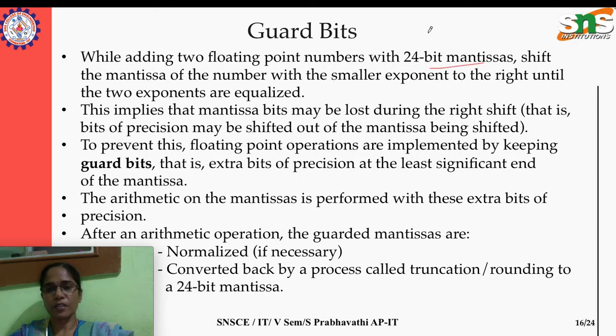Here 24-bit is one sign bit and 23 mantissa bits, so together we call it a 24-bit mantissa. What we do for floating point addition is shift the mantissa of the number with the smaller exponent to the right until the two exponents are equal.